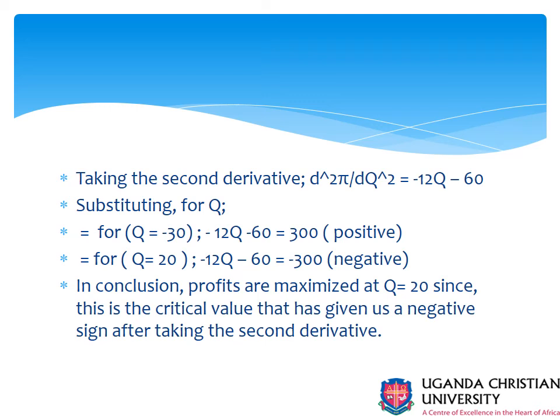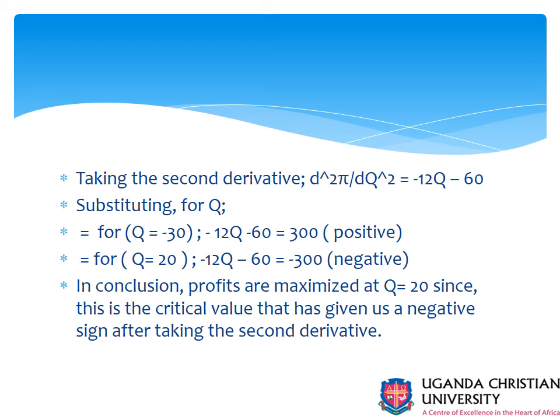So when we differentiate our first derivative, we get negative 12Q minus 60. So for us to identify the output where a firm maximizes profits, we have to substitute these values for Q in that particular second derivative.